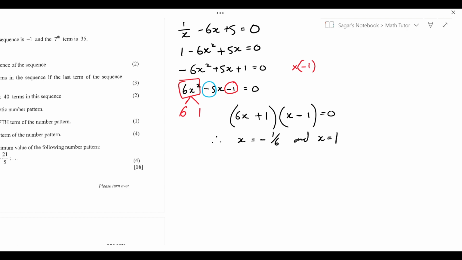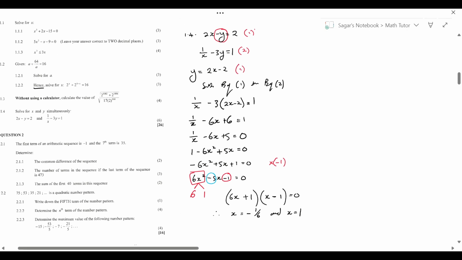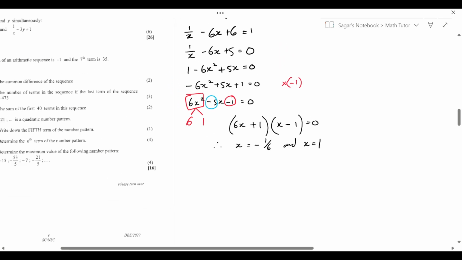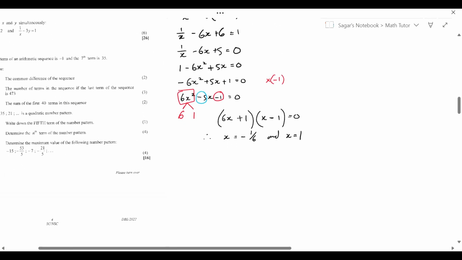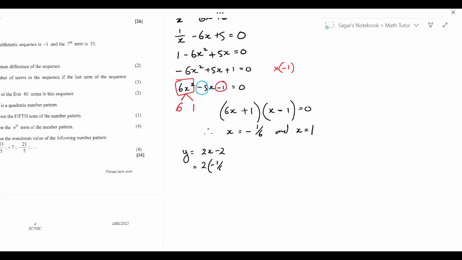Now we're not done yet. We need to resubstitute this into equation 1 to get our y values. Remember, y equals 2x minus 2. Let's sub in the first value, minus 1 over 6, times 2, minus 2.